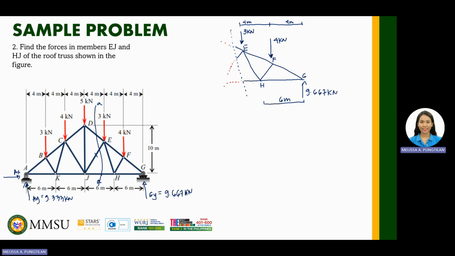So, nandito yung J. Joint J. And then, dito yung D. So, for our JH, again, mag-a-assume ulit tayo ng direction of the forces. So, here, I would assume that this is in tension. Okay, tension. EJ, let's say, compression.